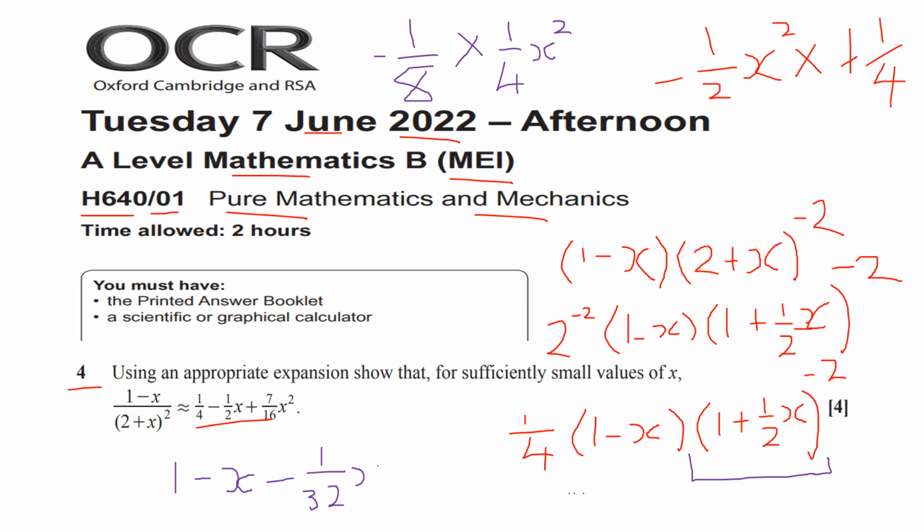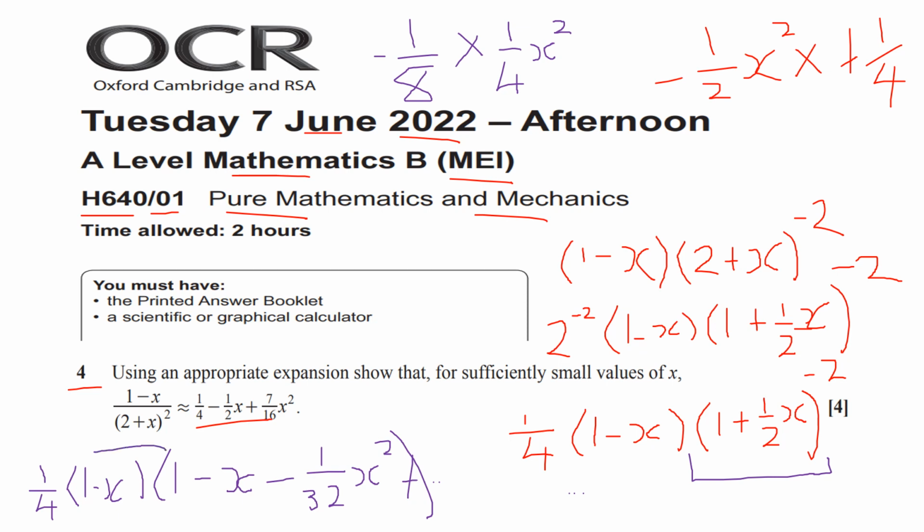Now I'm not going further, for obvious reasons, because remember I'm just going to be expanding. So let's now obviously expand this. We're now going to have a quarter brackets 1 minus x, and then times this part here. The problem is though, we don't need the cubic term, so I'm just trying to figure out where the 7/16 comes from.